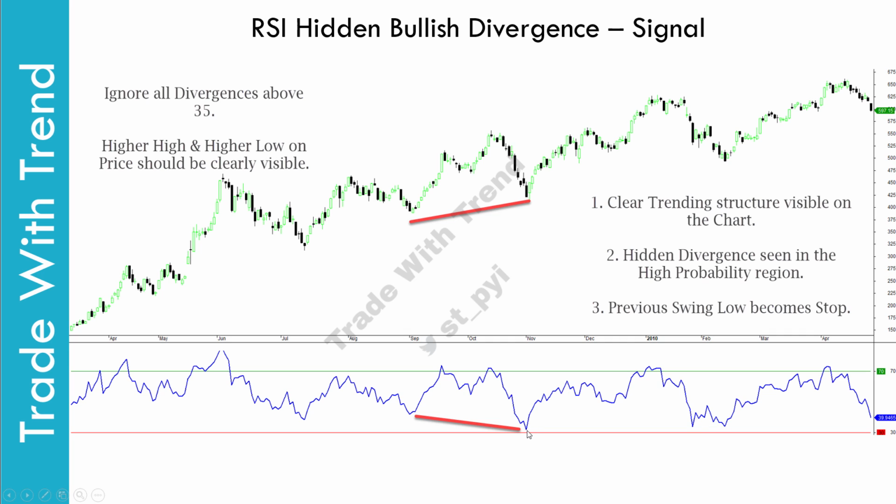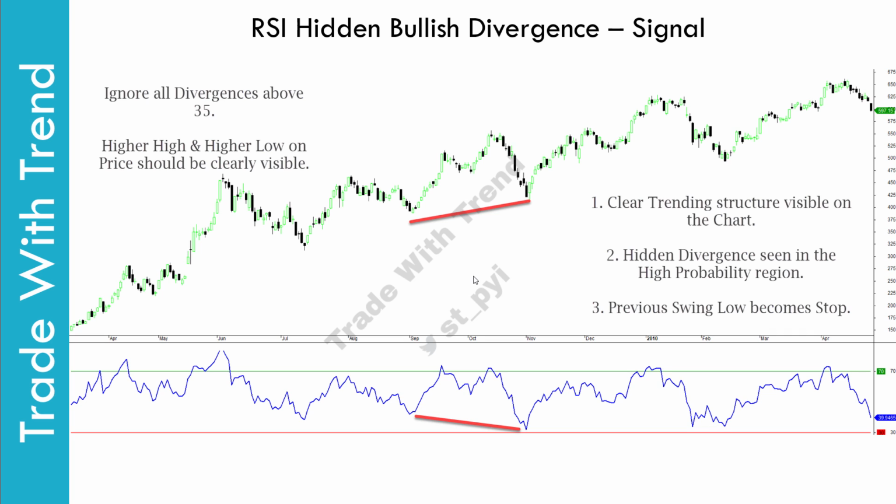This is somewhere at the 31 level, and the prior down move that you see during formation of a higher low is also with momentum. Now this is not a necessary criterion, but if you spot a hidden bullish divergence signal where the prior down move has happened with some momentum and it still does not break the previous swing low, then that is actually good for the overall pattern. So therefore this entire setup is valid and this should be traded.